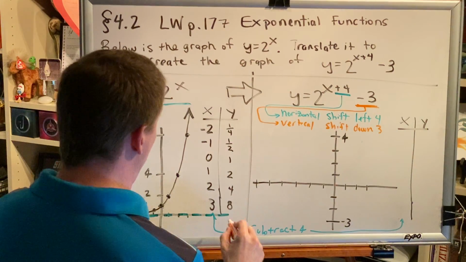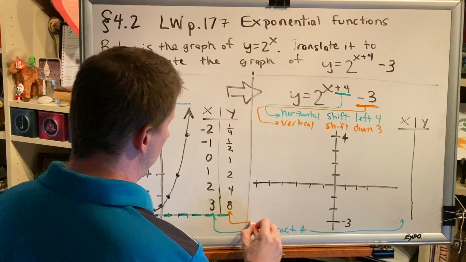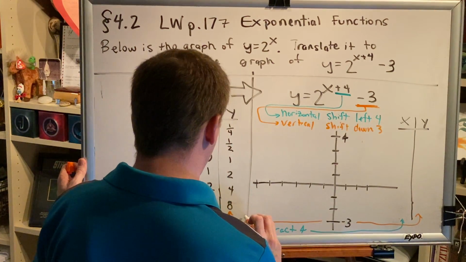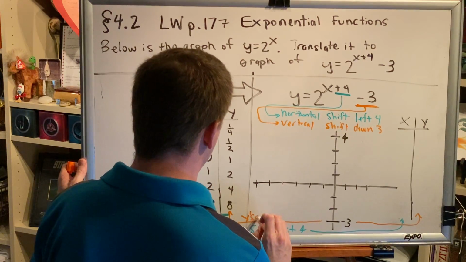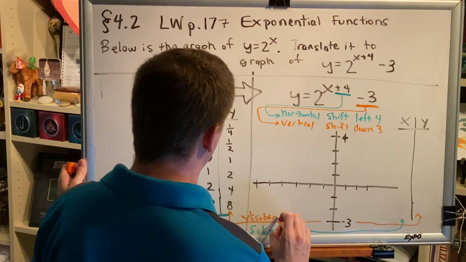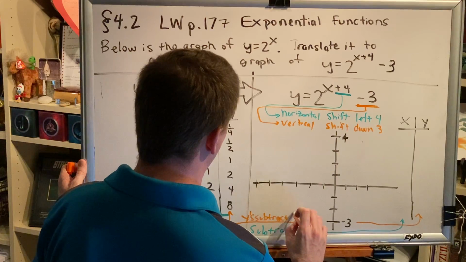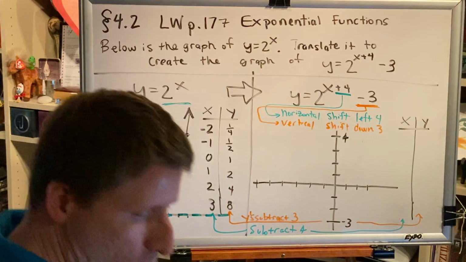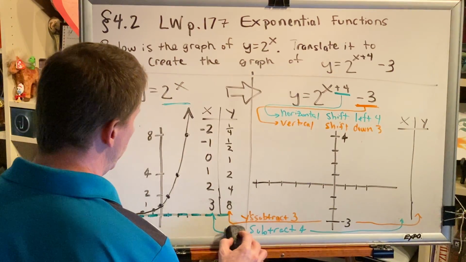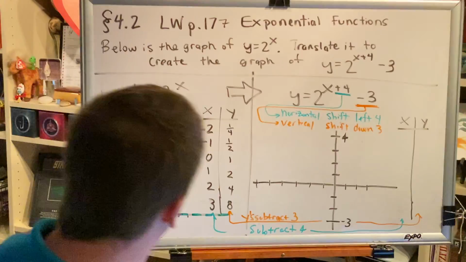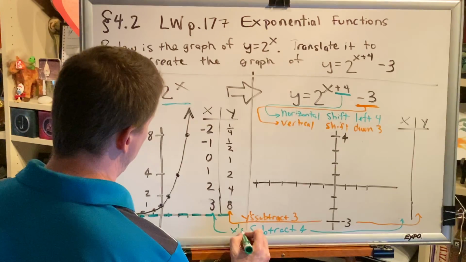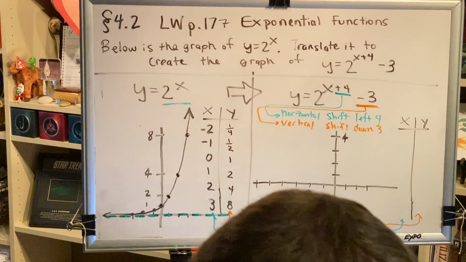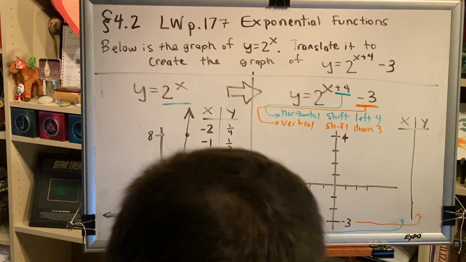And so with the y values, we are going to subtract 3. So y's subtract 3. X's subtract 4. Y's subtract 3. X's subtract 4, and y's subtract 3. Okay, great. Now we can start filling things in.